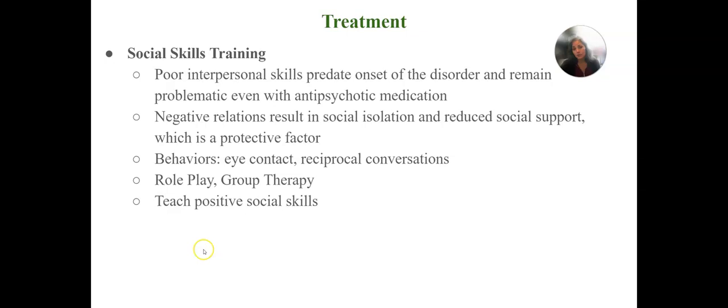And then finally, we're going to address social skills training overall, where we're going to teach them better communication, better interpersonal skills. Those might be things that they didn't even learn before they had the disorder, right?